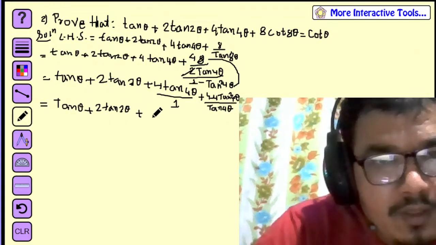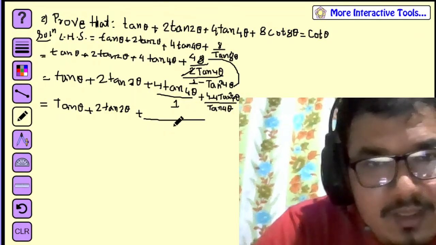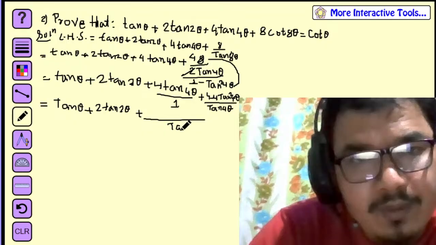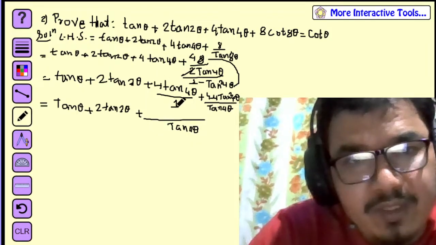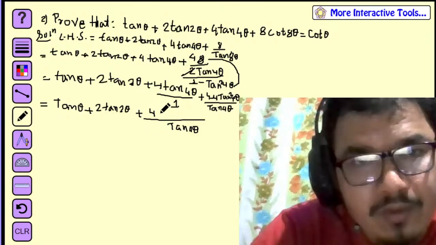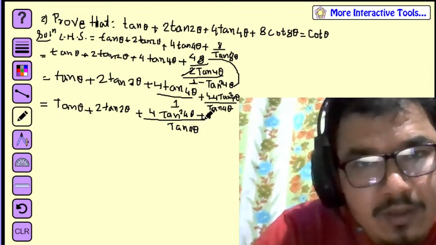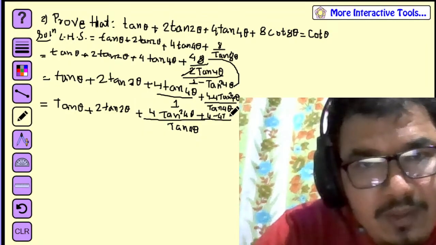The denominator tan 4 theta stays the same, and tan 4 theta multiplies with 4 because the denominator was 1, so 4 tan square 4 theta here, and remaining plus 4 minus 4 tan square 4 theta.